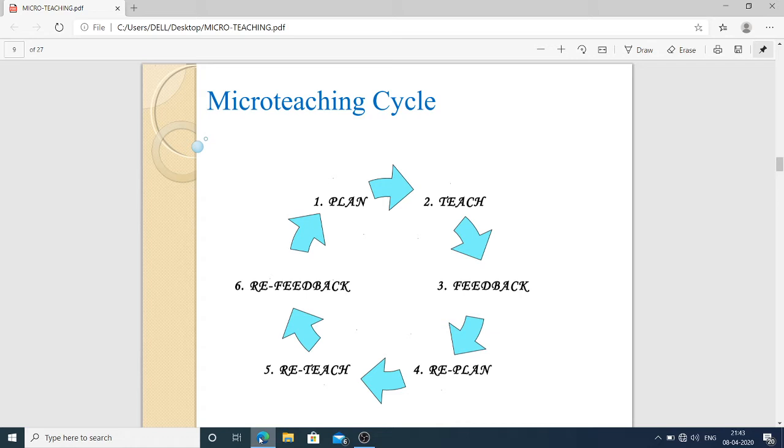After that, if there are any limitations or any improvement wanted, then replan the topic, reteach to another group, and take re-feedback from the other group. If anything is lacking here, then the first step starts again. In this way, the process is always in continuation, right?